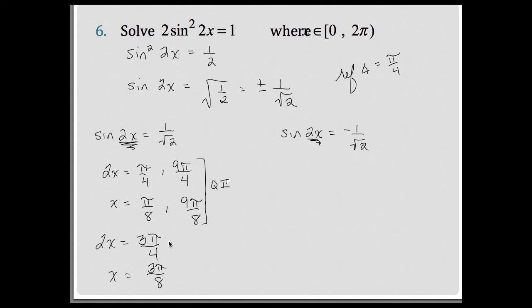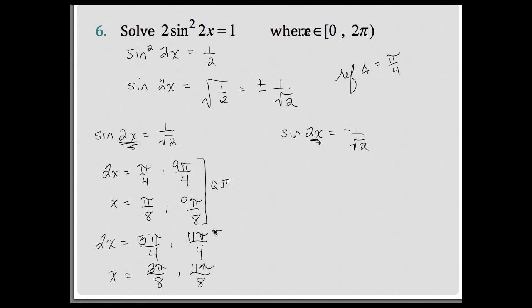All right, but again, you're trying to find all angles in between 0 and 2 pi that could work. So if you start at 3 pi over 4, go around a whole circle again, so essentially do 3 pi over 4 plus 2 pi, you get 11 pi over 4. Divide that by 2, you get 11 pi over 8.